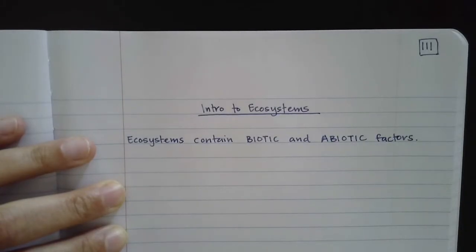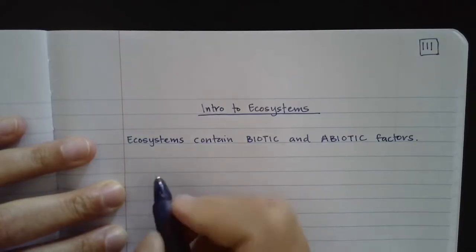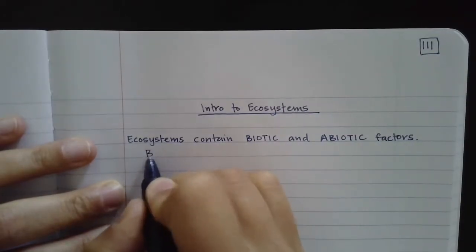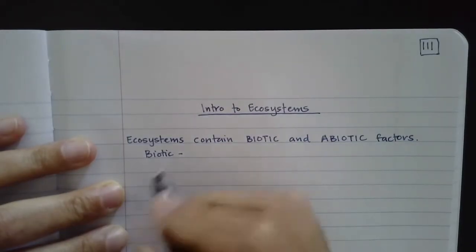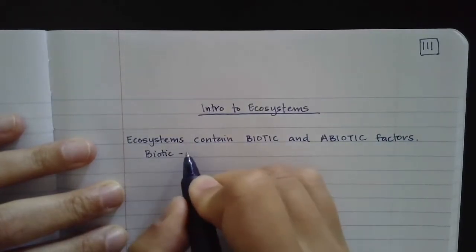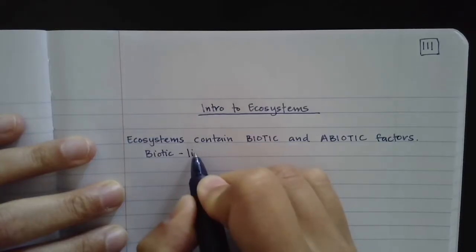And these are new terms, so let's go ahead and define them. Biotic, bio means living, so these are the living parts of the ecosystem.